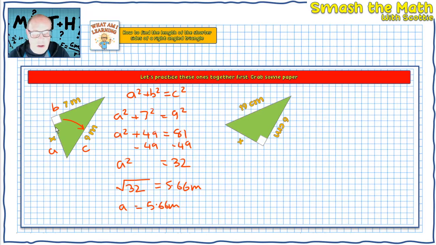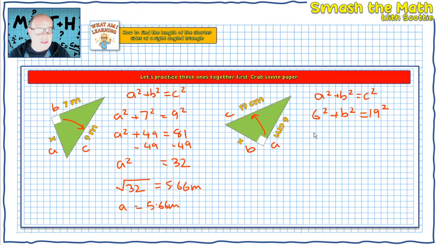Okay, right, last example. A squared plus B squared equals C squared. C is opposite the right angle. Name this A, name this B. Okay, so A squared, A is 6, sorry that's upside down, it should be 6, is 6 squared plus B, we don't know, so B squared equals C squared, so C is 19 squared.